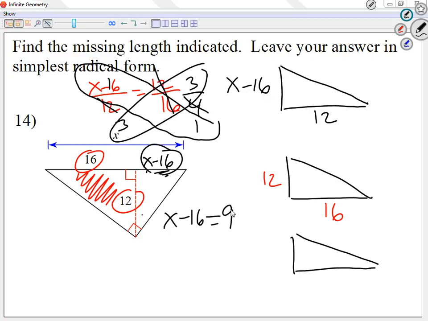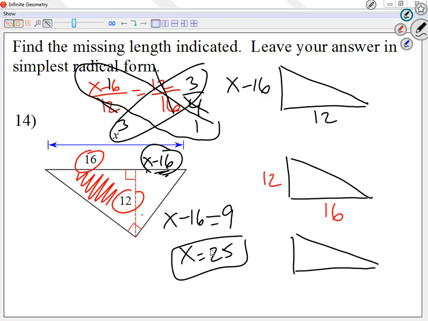Alright, so if x minus 16 equals 9, what's x? 25. I called it picking up a notch a little, because on one of my sides, I was going to have either a plus or a minus. So that's why I said pick up the notch a little.